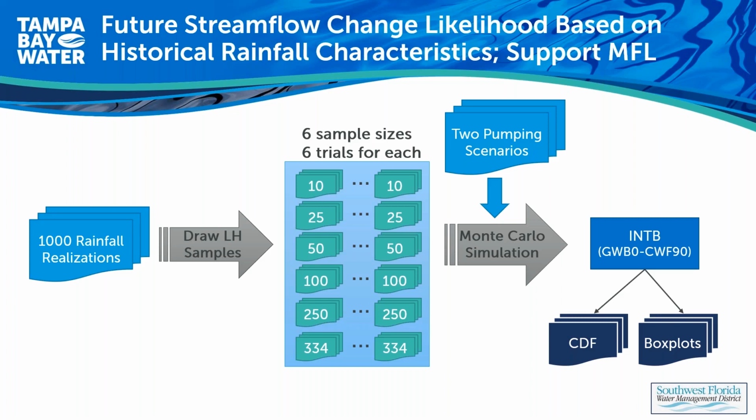And what we find is that by the time you reach 250 random selections of the 1,000 rainfall realizations, we've captured the full variability of rainfall for any future condition, assuming no climate change, and 250 realizations also captures the full variability of streamflow. So we know how many we need at this point.